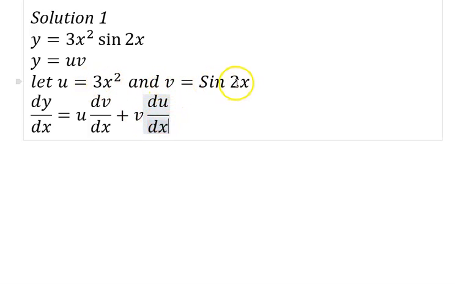This v, which is sine 2x, we are going to differentiate it so that we can put it here. This u, we have it already. This is it, u. Our answer is 3x squared. This v, we have it already. This is it. So let's see what we can do. Let's bring out this.